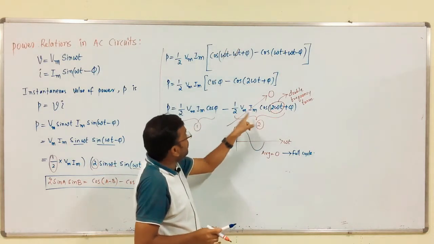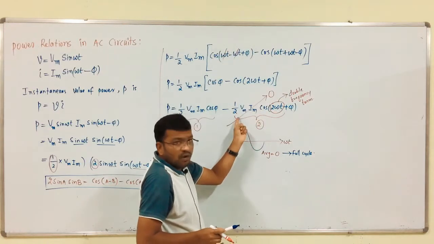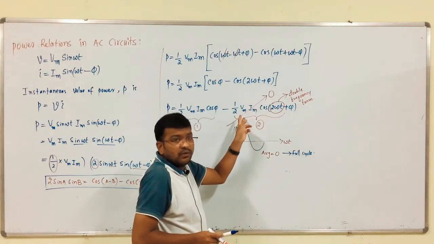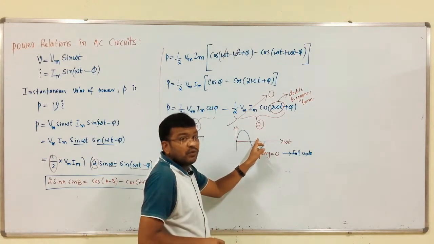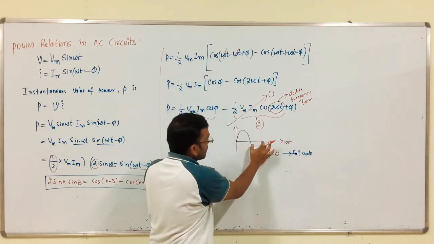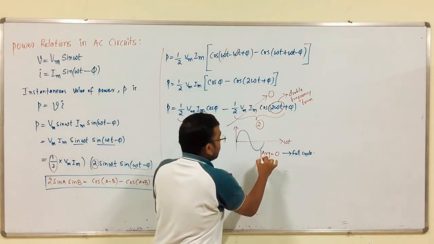So half into Vm Im cos(2 omega t plus phi) represents the average value. What is the average value over the full cycle? Why are we considering a full cycle? Here 2 omega t is the double frequency term, and over the full cycle the average value is 0.